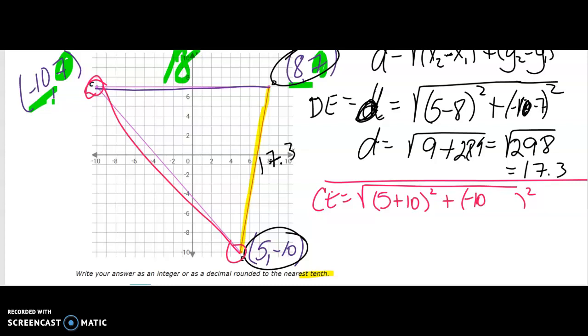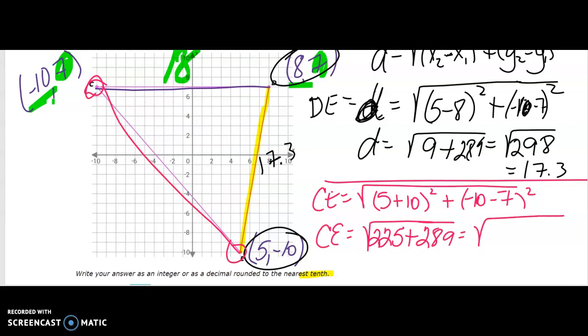Y2 is -10 minus 7. So CE equals 5 plus 10 is 15. 15 squared is 225. -10 minus 7 is -17. -17 times -17 is 289.